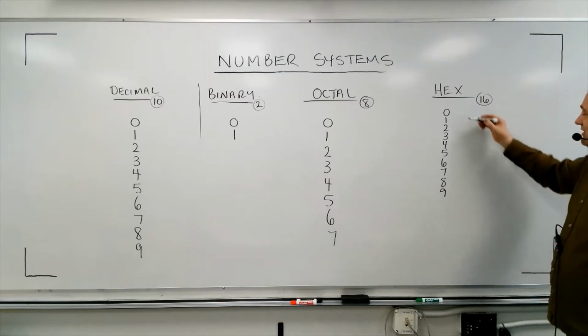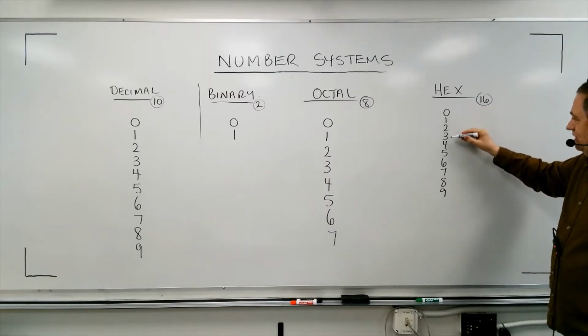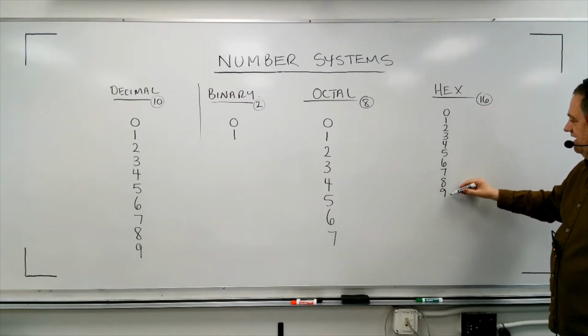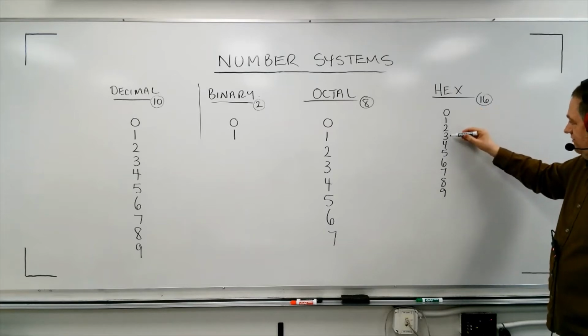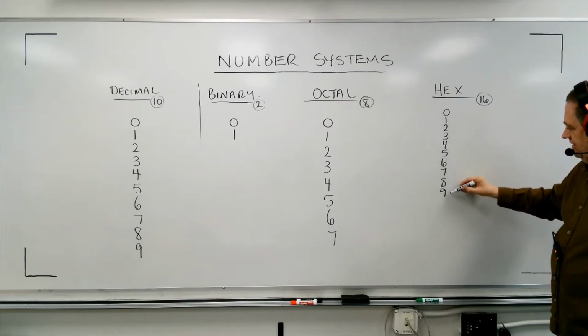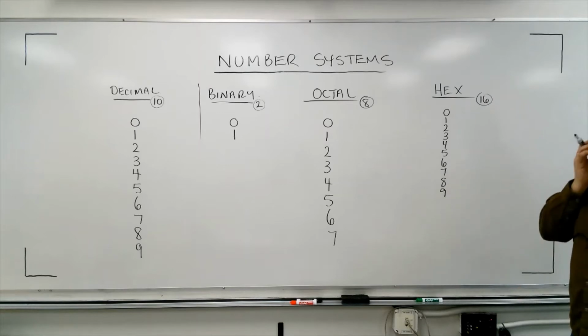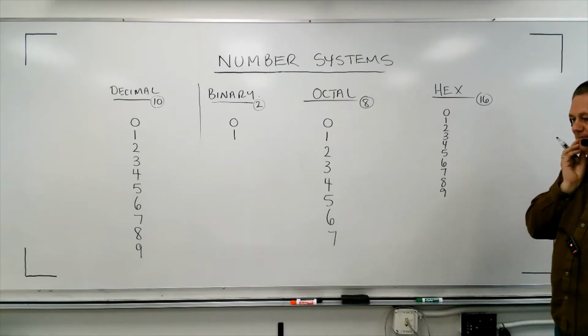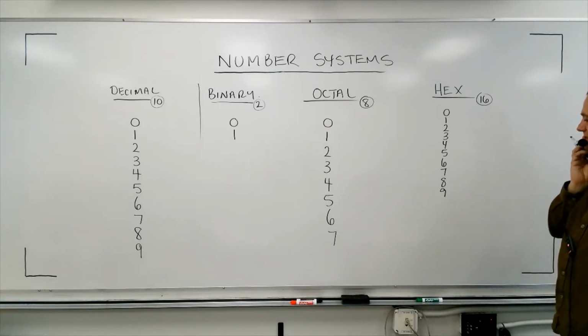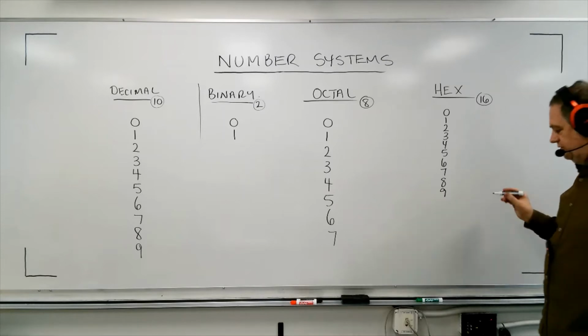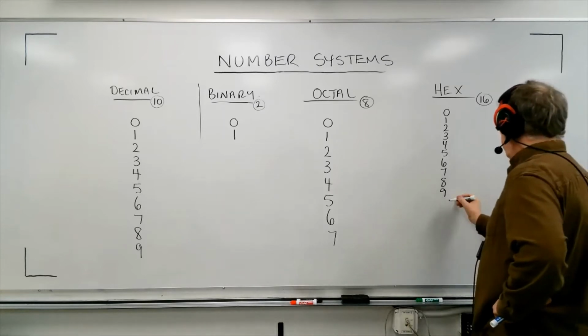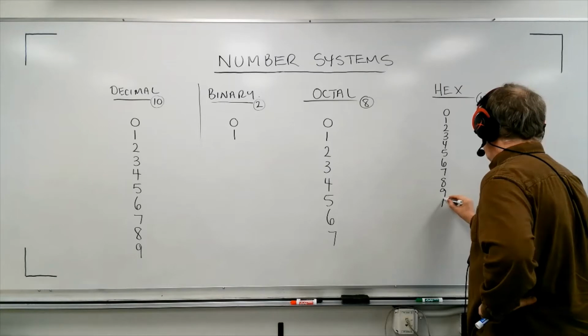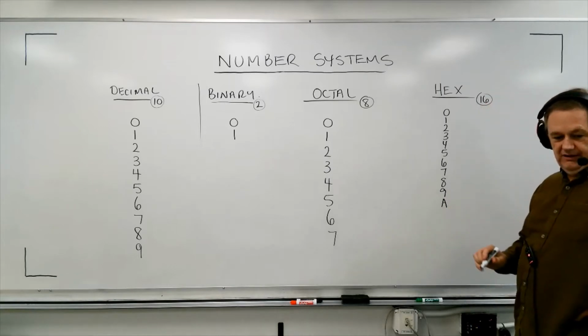So I go 0 through 9, and I'm only up to 10, right? So let me think about this. What could I write down to represent 10? And so I said, wait a second, why don't we just use the alphabet? So they go, okay, that works.